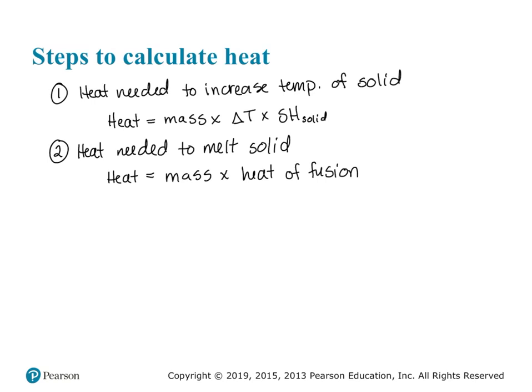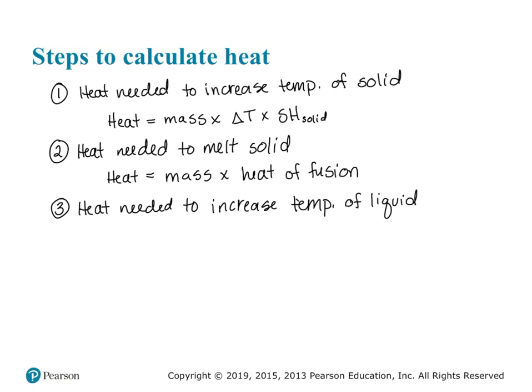All right, so now let's say we melt our solid and now we have a liquid, and we want to determine how much heat is needed to increase the temperature of the liquid. So now we're going to go back to our first equation: mass times change in temperature times specific heat.